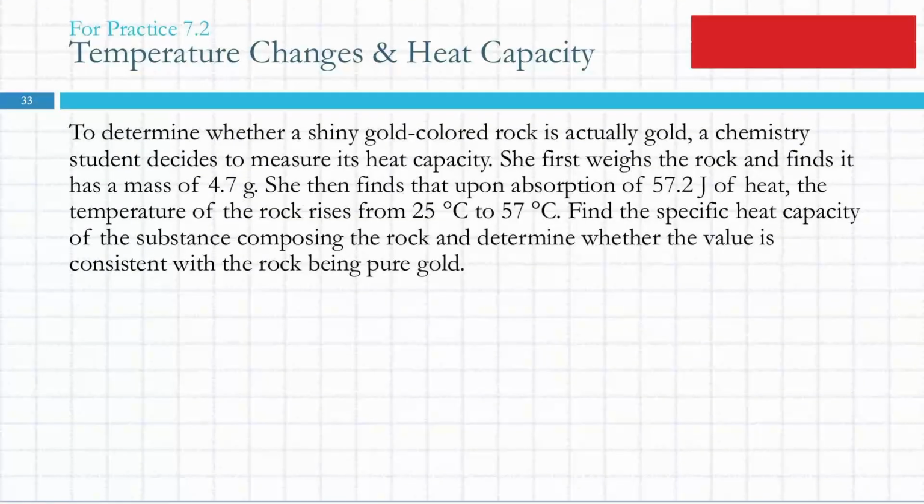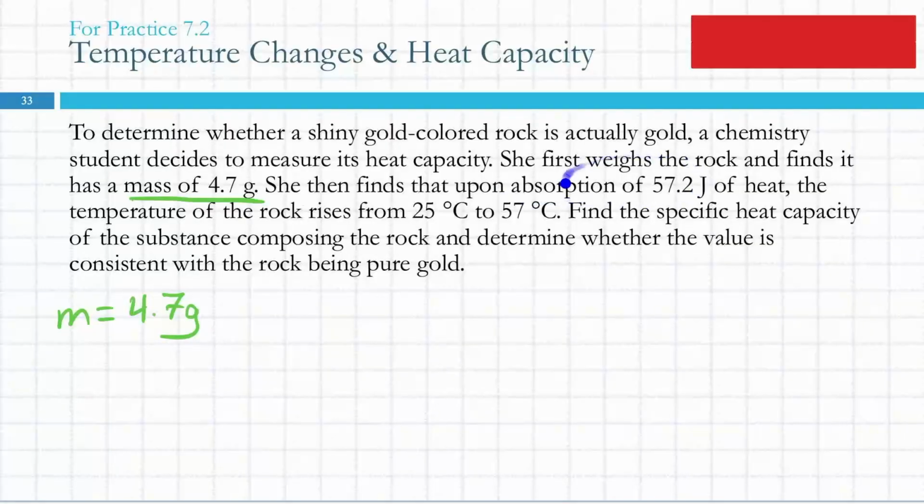Here's an example of a problem that we might do with Q equals MCAT. To determine whether a shiny gold-colored rock is actually gold, a chemistry student decides to measure its heat capacity. She first weighs the rock and finds it has a mass of 4.7 grams. So mass equals 4.7 grams.